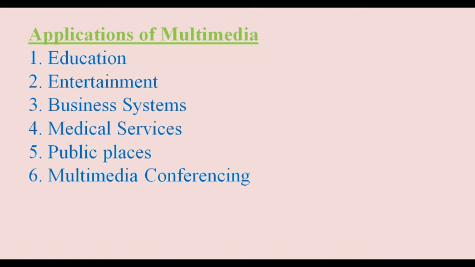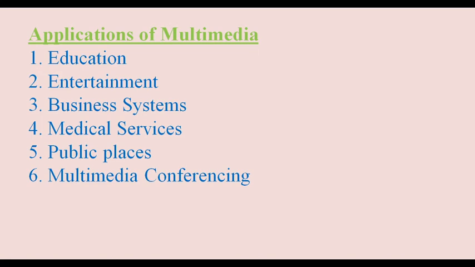So next one is entertainment. Nowadays we are watching cinemas and movies, and in those places also they are using multimedia content like radio and television. So next one is business systems. To give training and to advertise their products, they are using multimedia.